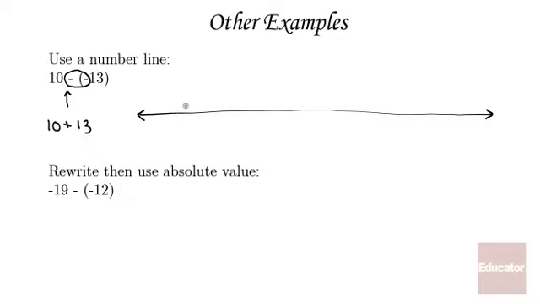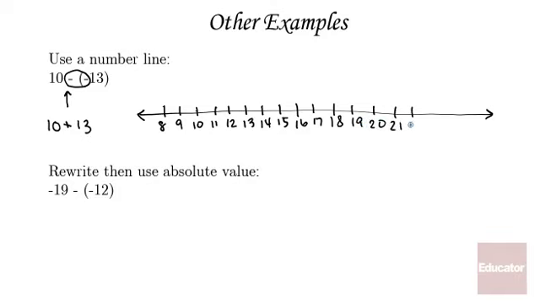So if I were to start at 10 on the number line, instead of subtracting 13 and going backwards, I have a double negative.